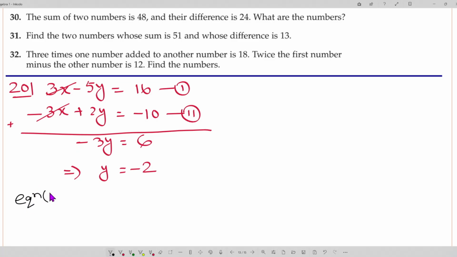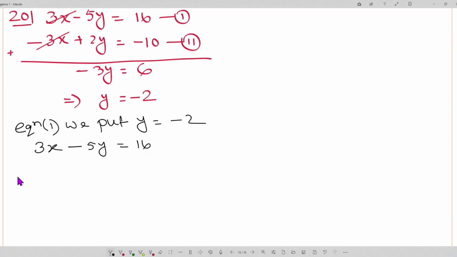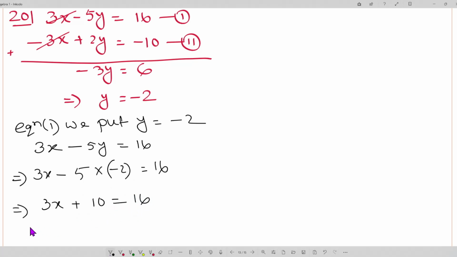So this y equals minus 2 we will put in equation 1. In equation 1 we put y equals minus 2. So 3x minus 5y equals 16. Then 3x minus 5 times minus 2 equals 16. Then 3x plus, minus times minus is plus, 5 times 2 is 10, equals 16.